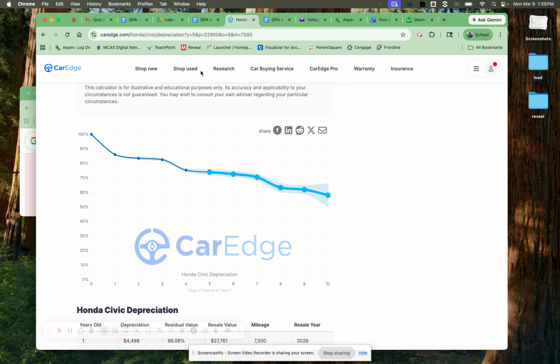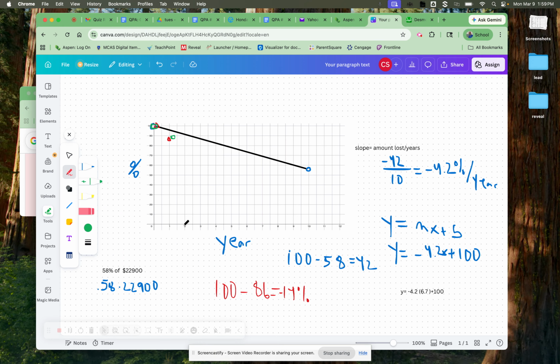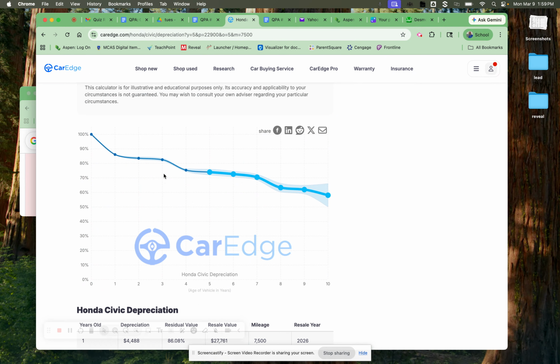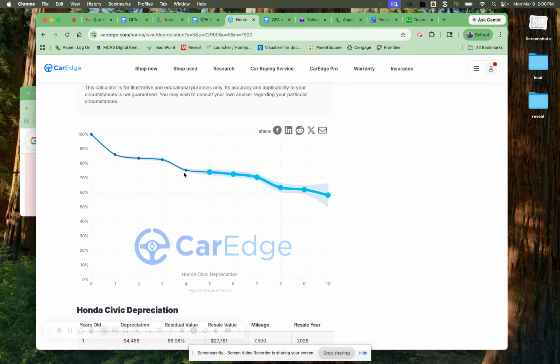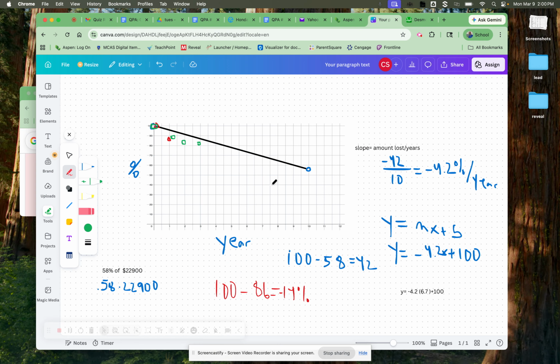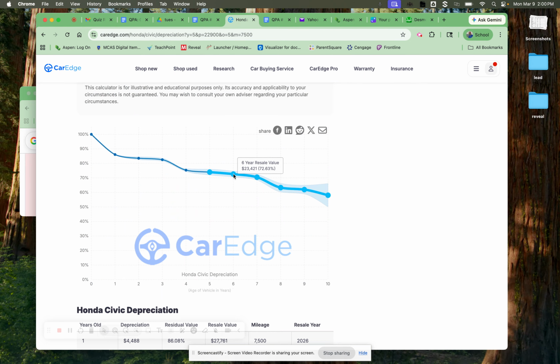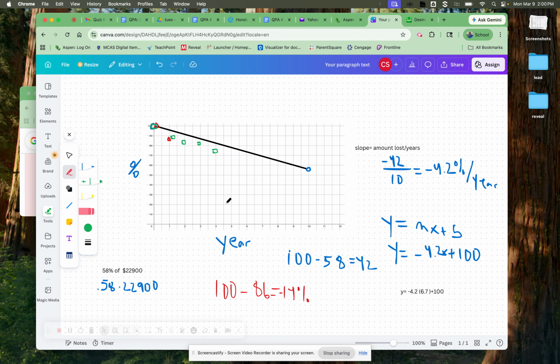And then year 2 goes to 83%. Year 3 it goes to 82%. Year 4 goes to 75%. Year 6, it goes to 72%.